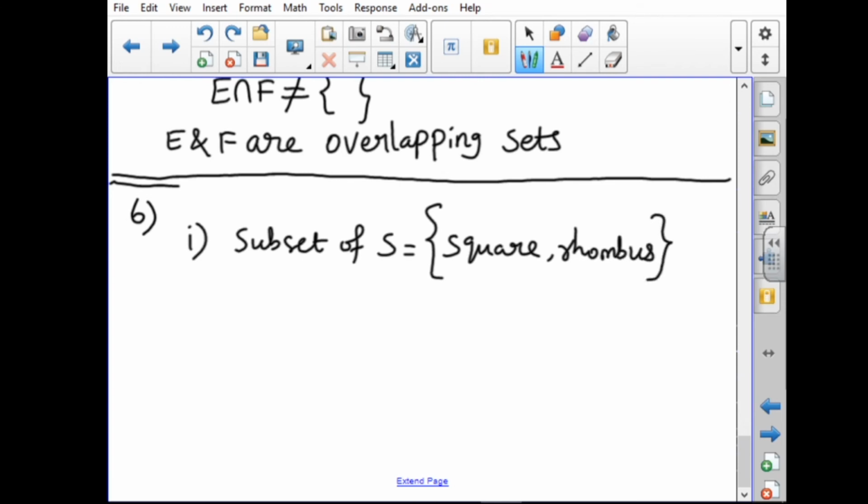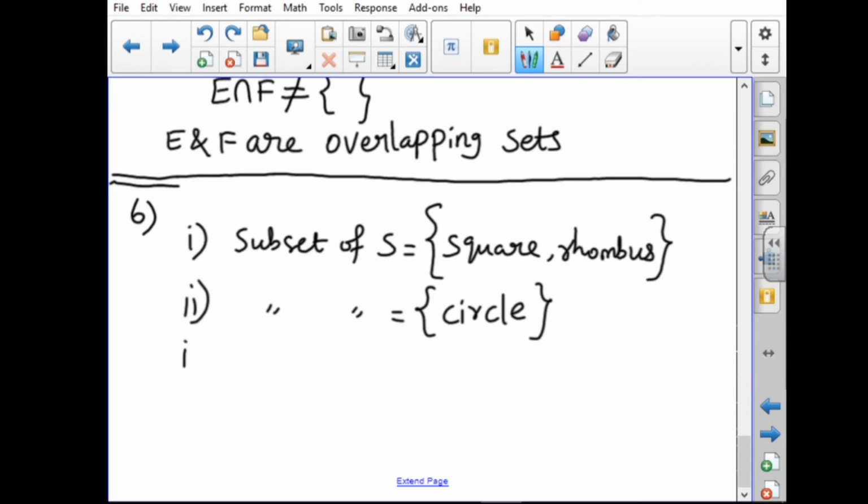Okay. Then second one, the set of shapes which have a radius. Radius means, only for the circle we have a radius. Okay. So subset of S is equal to circle. You should not use this symbol, you have to write subset of S.